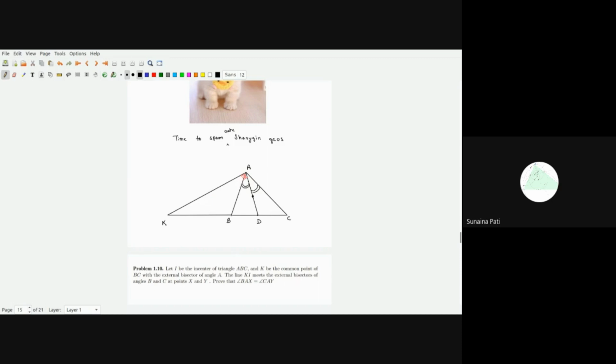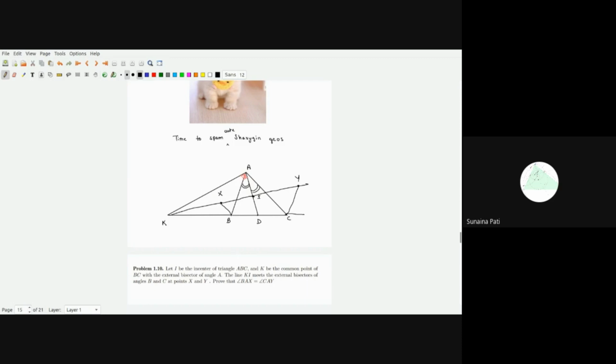Then I need to introduce I. Let's join. This is E, this is X, and this is Y. Yeah, this is the diagram. Hopefully it looks nice, but yeah, try it.